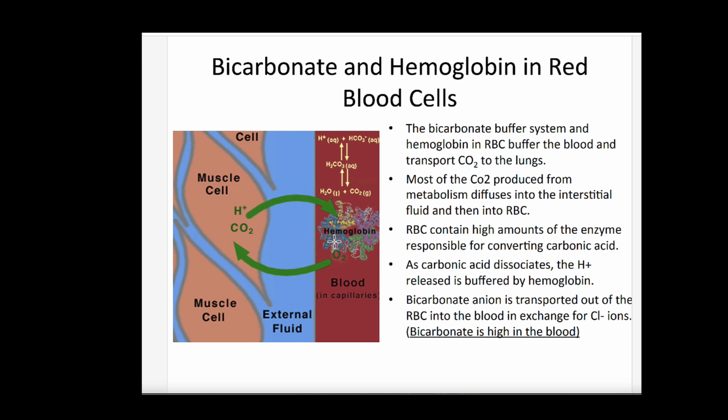That bicarbonate anion is transported out of the red blood cells into the blood in exchange for chloride ions. And the bicarbonate is relatively high in the plasma. As the red blood cells approach the lungs, the direction of the equilibrium is going to reverse. That's what you're seeing here. This is specifically for muscles, but you would see that reverse happen in the lungs.